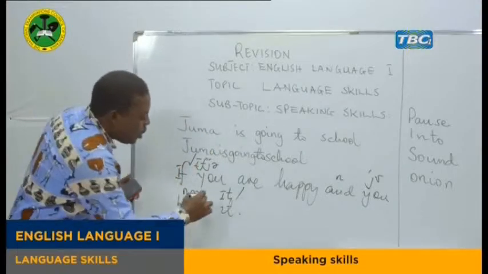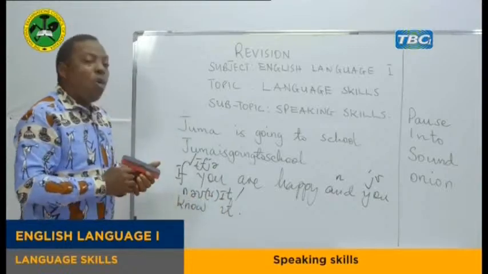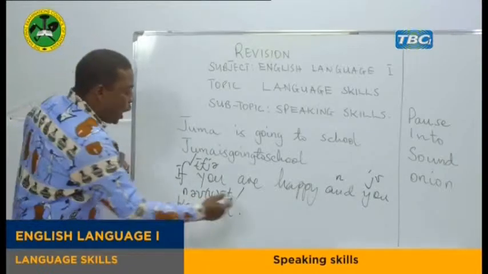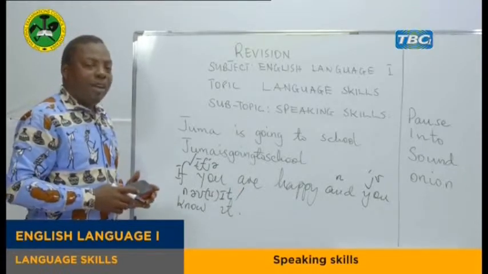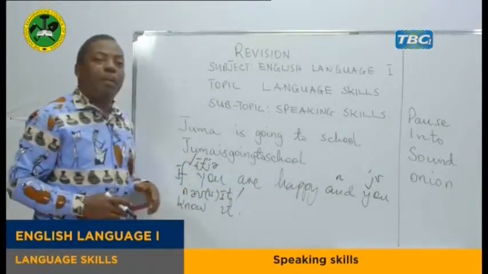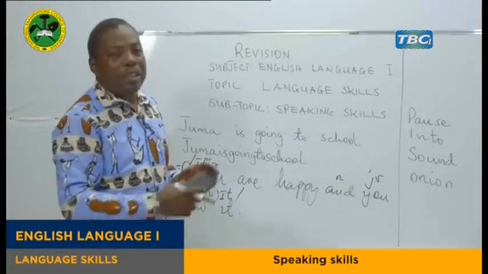So at this point, we will instead insert this glide w, and altogether the two words will read as "know it". So if I have to read the whole expression, it could read like, if you're happy and you know it.